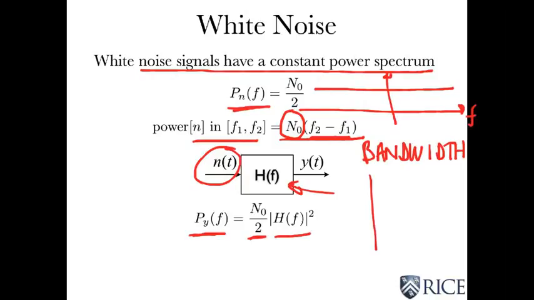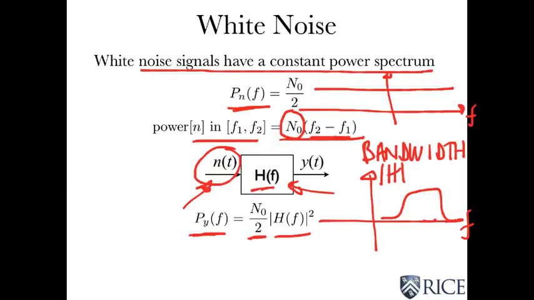So, in most situations, when you have some sort of filter like this, the power of the output of that filter is now finite, even though the power coming in is infinite. So this is a convenient way of modeling noise having any kind of spectral properties at all: you pass it through the appropriate kind of filter.